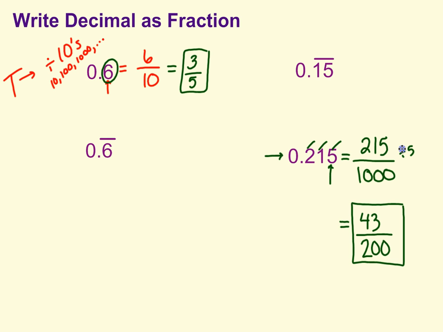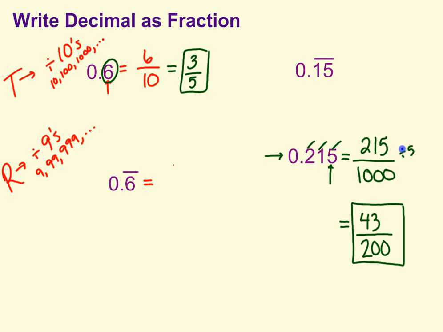Now, terminating decimals, you divide by your tens. I'll make a note off on the side. Repeating decimals, you're going to divide by your nines. So I'm talking 9, 99, 999, and so forth. So here we have 0.6 repeating. I can see that it repeats, so I have to divide by nines.